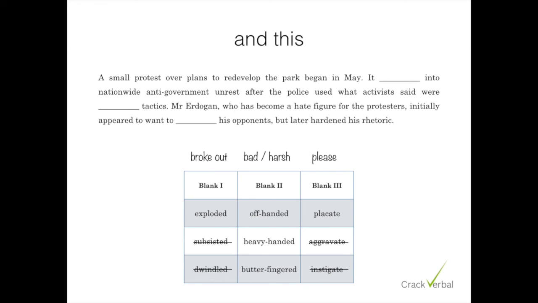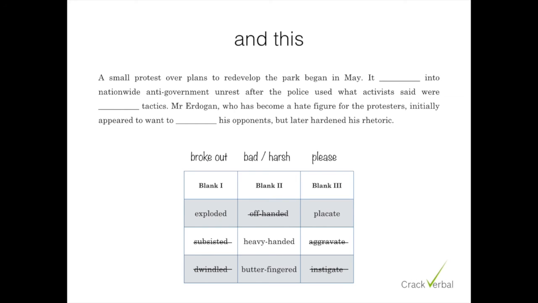The word offhanded means without thought or concern, when something is done carelessly. Now, although this action could be a careless action, it may not necessitate a nationwide uprising, right? And we want a word which has that negative connotation where something harsh or something very cruel has been done, and offhanded does not bring this connotation. I'm going to get rid of that, therefore.